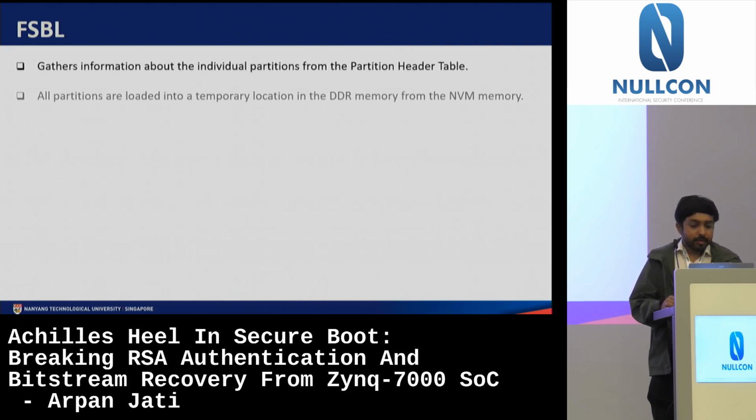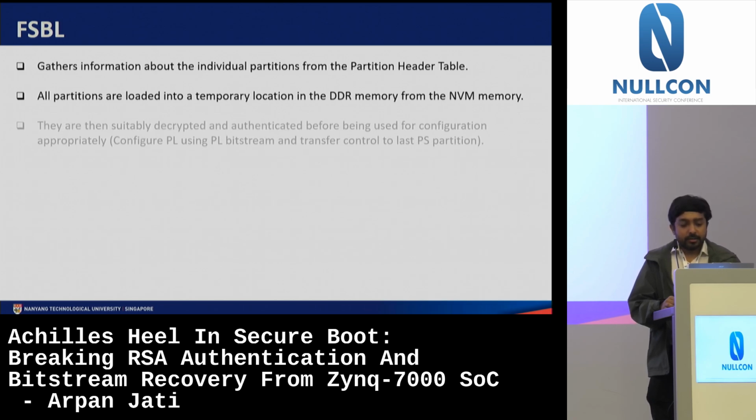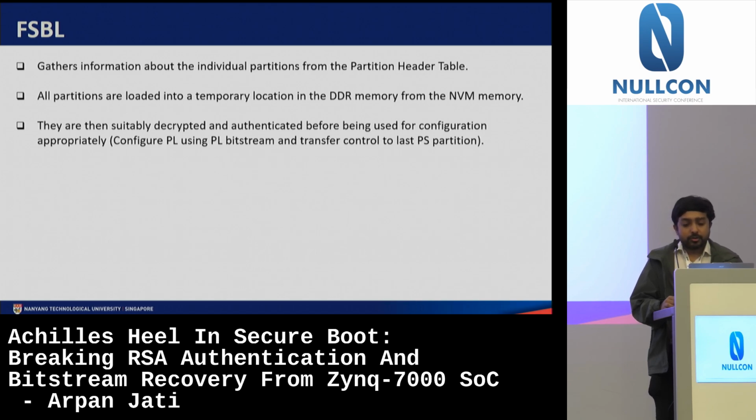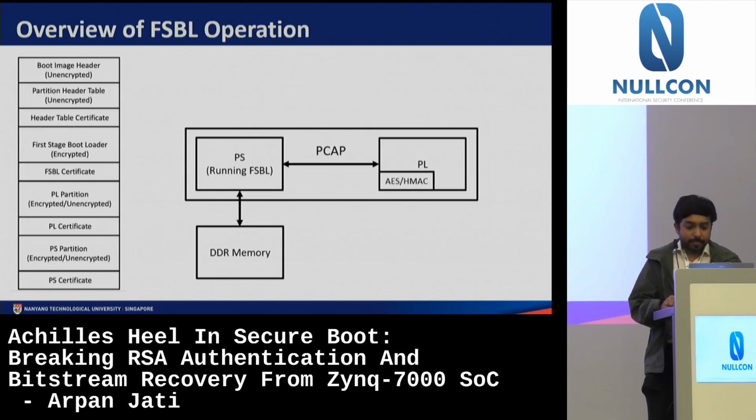So the FSBL gathers information about the individual partitions from the partition header table, and they are loaded into a memory like DDR in this case, and then it is used to step by step load all the individual parts and segments to the RAM and then execute them.